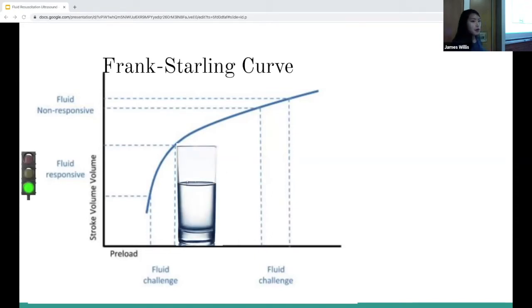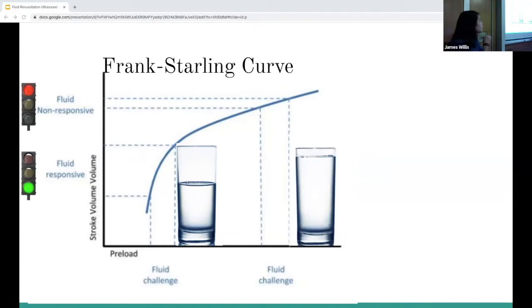The first part is to look more towards the left of the graph, where your curve is going more steeply upwards, and that indicates that someone is in the fluid responsive part of the curve, where there's still room to give more fluid, and therefore you've got a little green light to go.